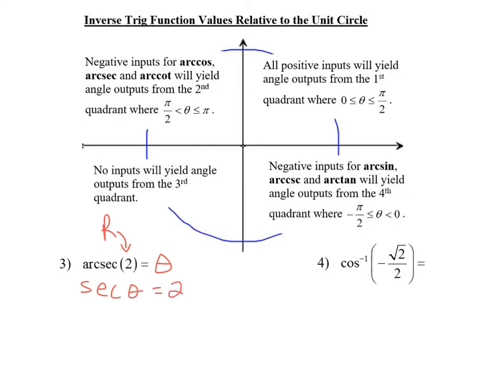And if you're me, I don't like to be thinking in terms of secant. I'm much more comfortable with sine or cosine, so I would change this to cosine of theta is equal to 1/2. We can just take the reciprocal of 2.